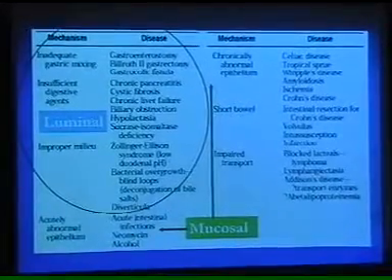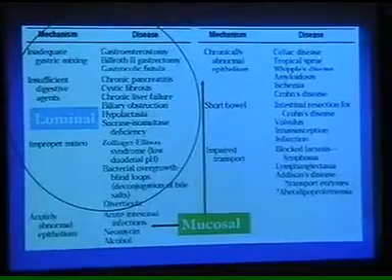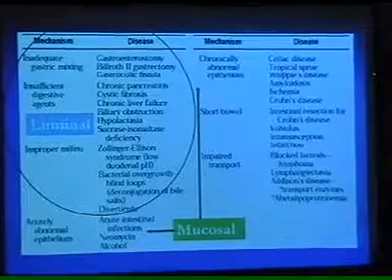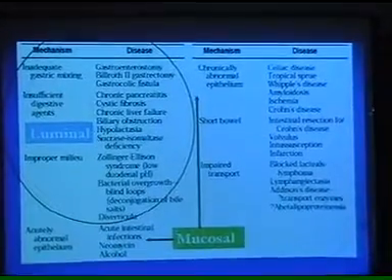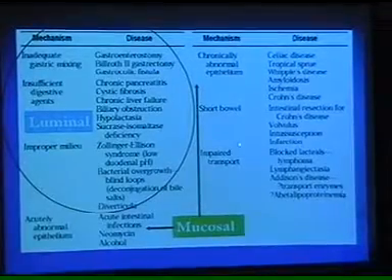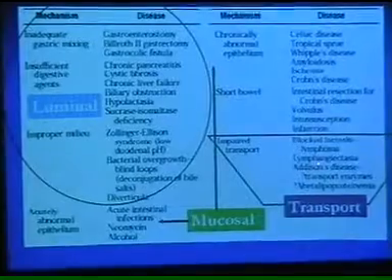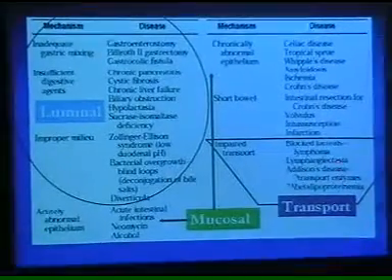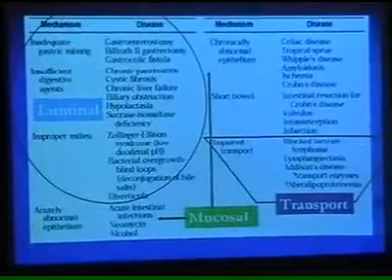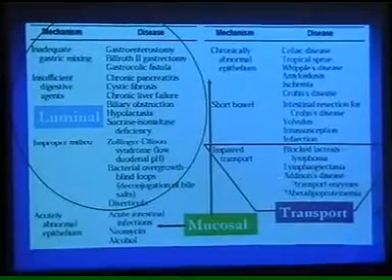So the patients develop antibodies, and whenever a patient eats a gluten diet, those antibodies react with it, cause inflammation and destroy the intestinal mucosa, resulting in impaired absorption. And then there is impaired transport, whether it's due to congenital lymphangiectasia or blocked lacteals because of lymphoma, tuberculosis, amyloidosis, etc.